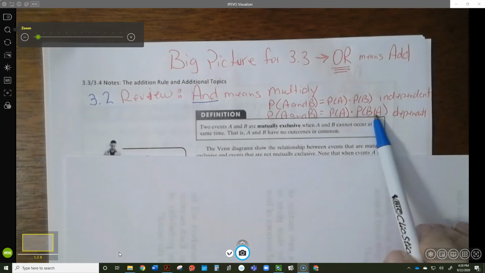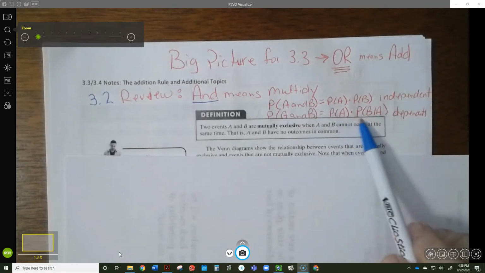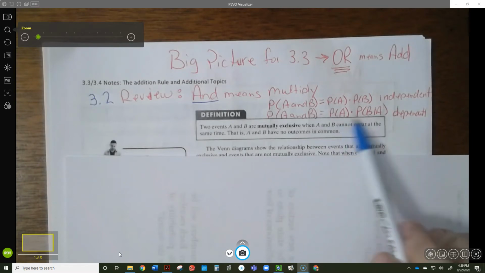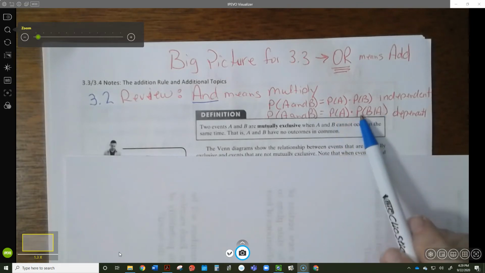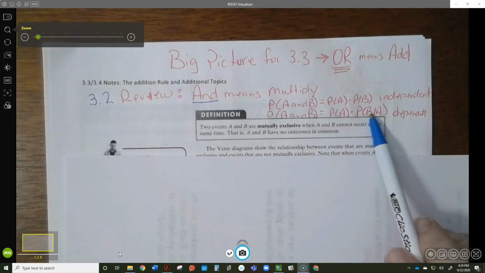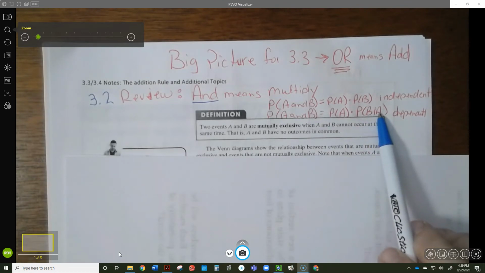Drawing a card without replacement, that is a dependent event. Picking marbles out of the bag with replacement, without replacement. That means that once you pick the first marble out of the bag, the bag changes, and so you have to redo the probability of B based on what the outcome of A was.